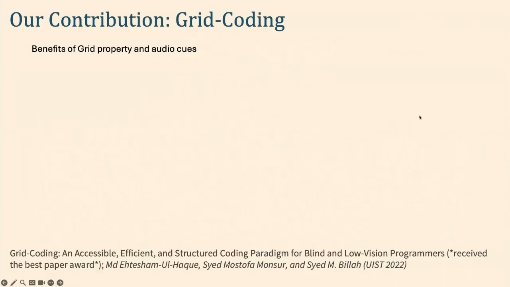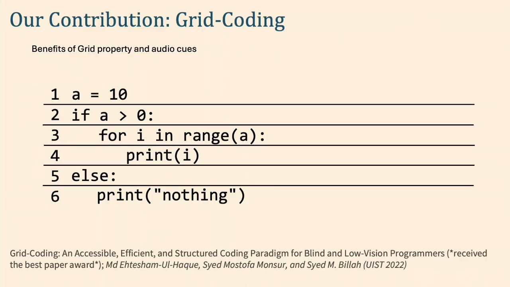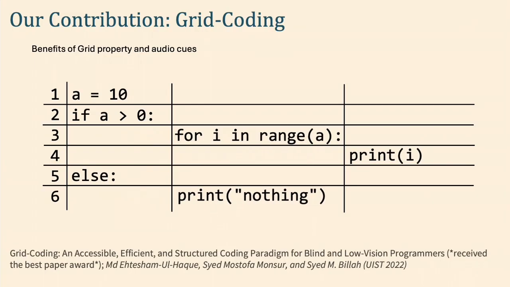So our contribution is grid coding, and I can graphically explain our idea in a minute. Our first idea is to discretize the space, because we need to leverage the linearity. Once we discretize along rows, now we discretize along columns. Then we move the content to their right spots.